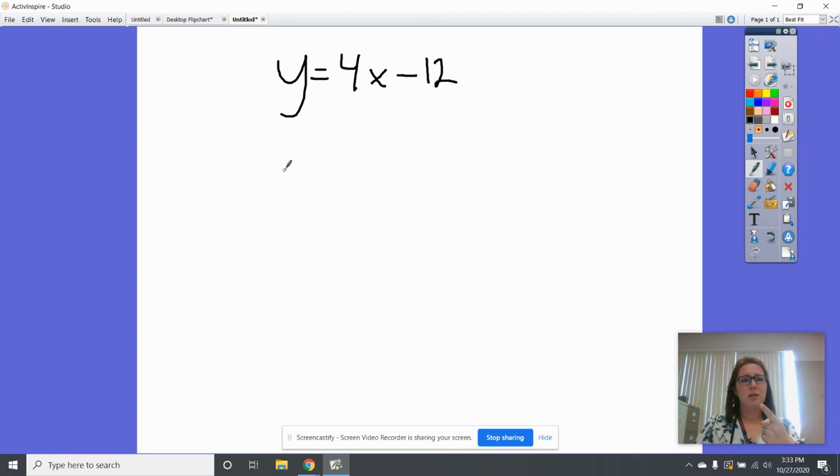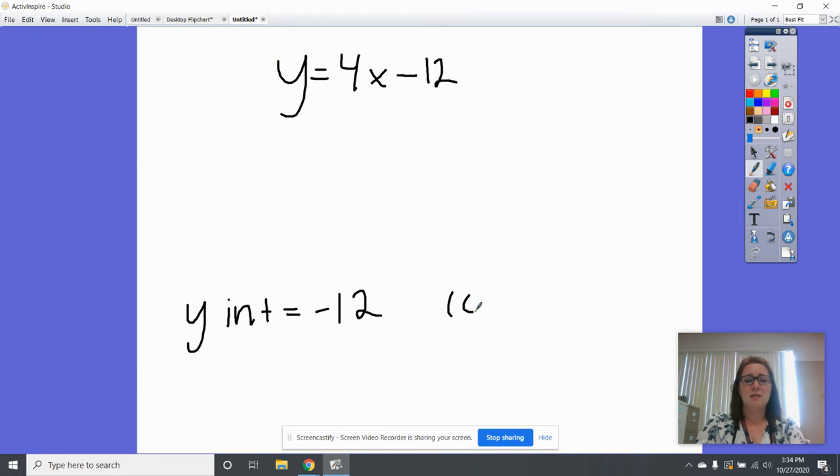Well, we could graph it, because once we graphed it, that'd be really easy to find the x and y-intercepts, just like we practiced doing. But we can't always graph it because we don't always have graph paper with us. The y-intercept is super easy, always is, because it's just this number here, -12. And we would write that as 0, -12. But the x-intercept's a little bit more difficult, takes a little bit more work.